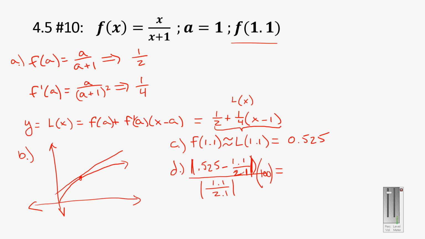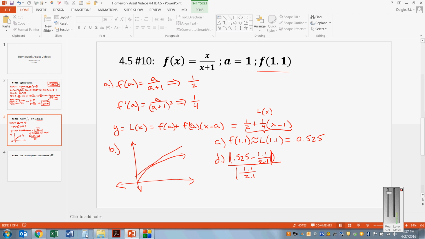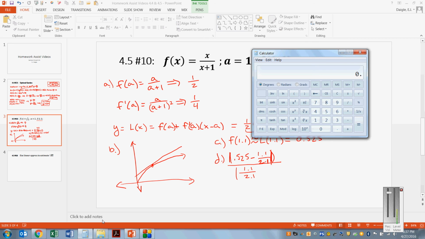Let me go into my calculator real quick. Keep these annotations. I get 0.525 minus 1.1 divided by 2.1. So the top is 0.119. I'll divide that now by 1.1 divided by 2.1.